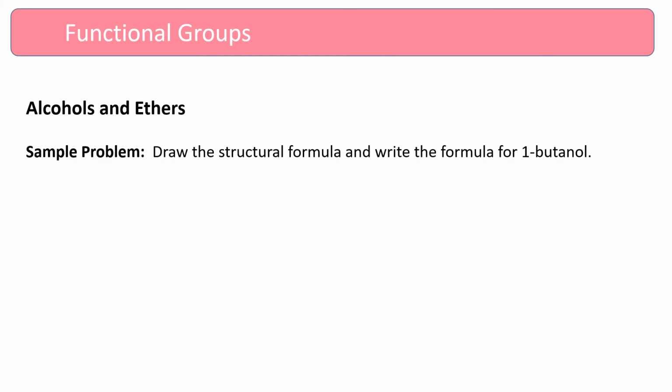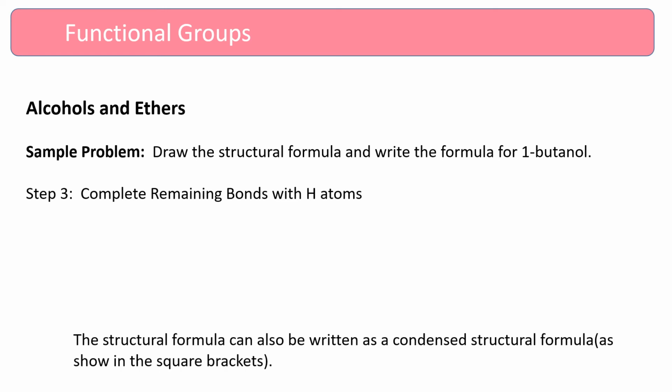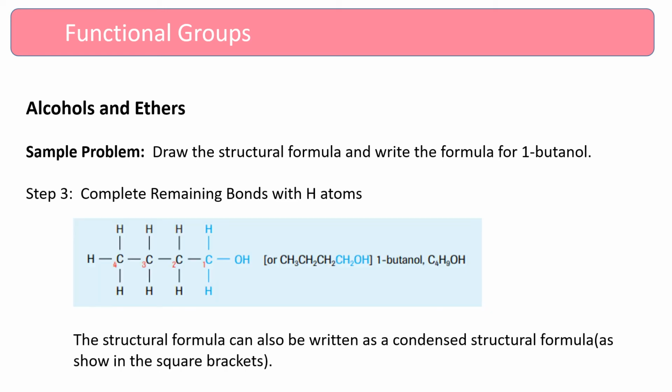Our 4 carbons, and we then complete the remaining bonds with the hydrogen atoms. So we're going to get our 4 carbons, and we start numbering them from the side closest to the OH. The OH is on the first carbon, but it's on the right side, and that's fine.